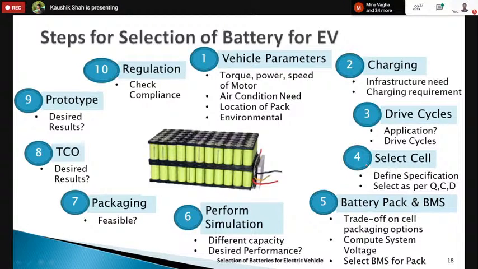But the interesting part is, you see this motor system, which is selected. If that simulation works out well, then your demand is supplied by the battery pack, right?